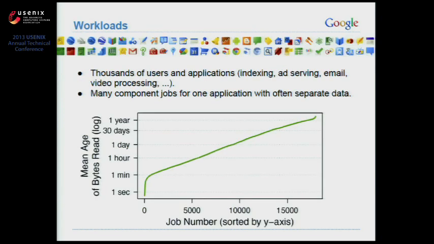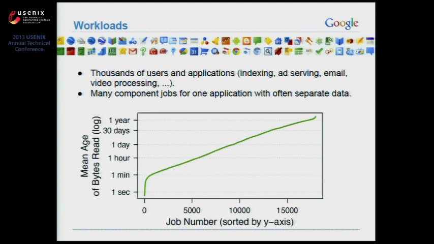Here, we look at the thousands of workloads which we have in such a large cloud environment, such huge storage systems. There are thousands of users and applications like indexing, ad serving, email, video processing, and many, many more. Each of these applications has many jobs, which often have their own separate data.